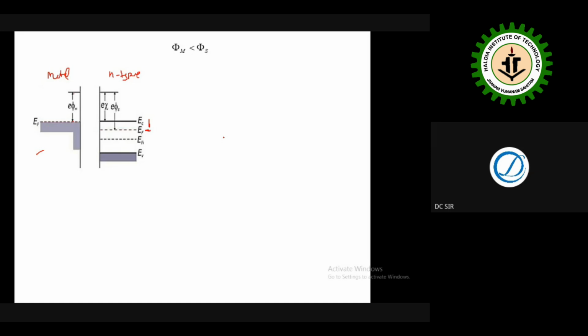If we draw the energy band diagram for metal and semiconductor, where the semiconductor is n type and phi m is less than phi s, the procedure is the same. First we draw the Fermi energy level, which is constant in a system. So this is EF for the metallurgical junction.